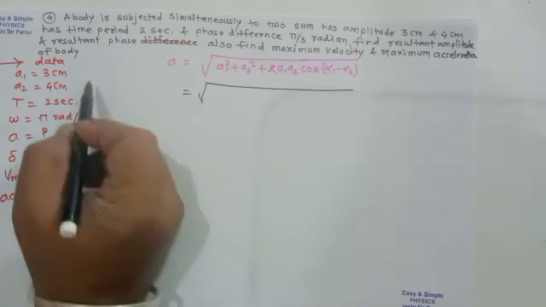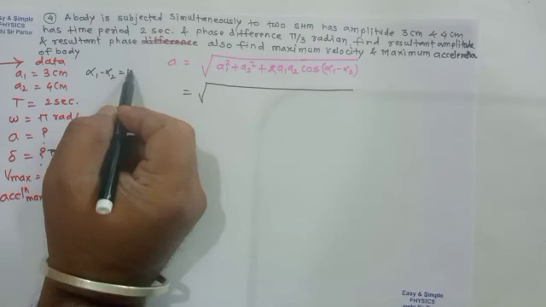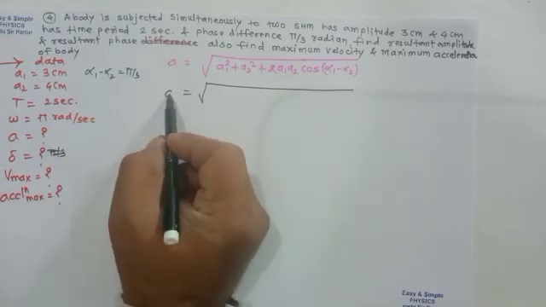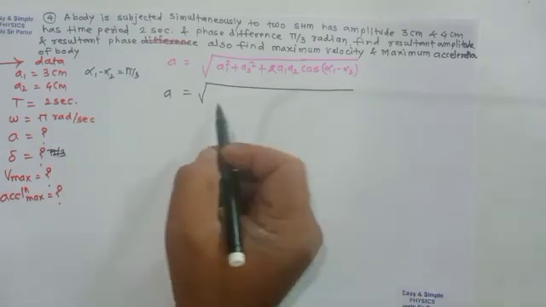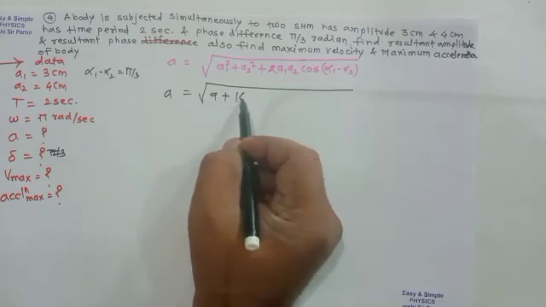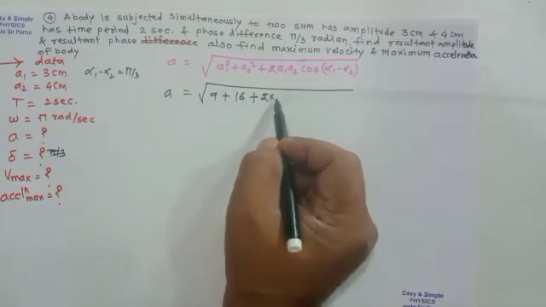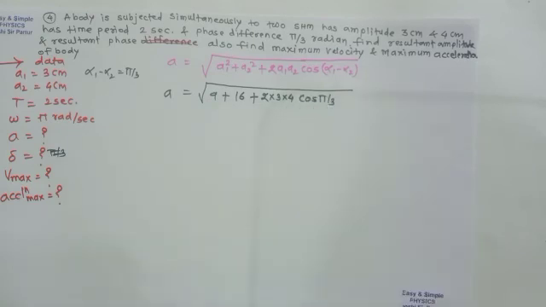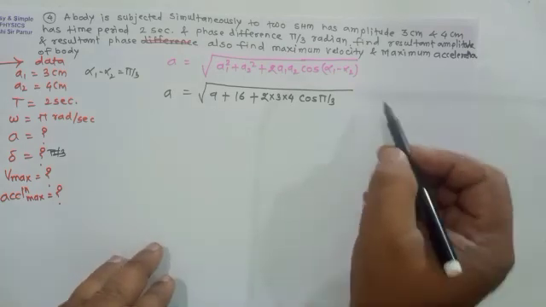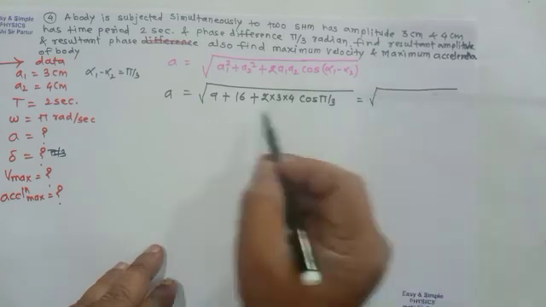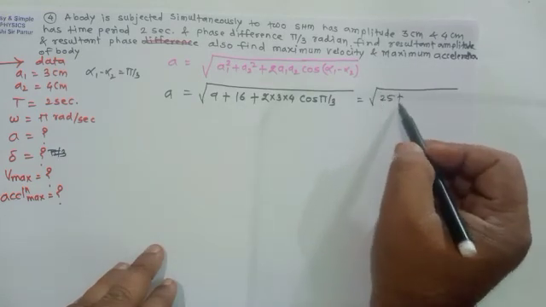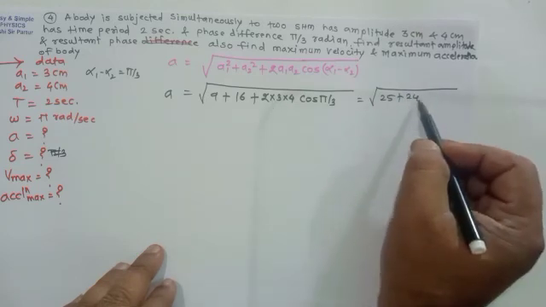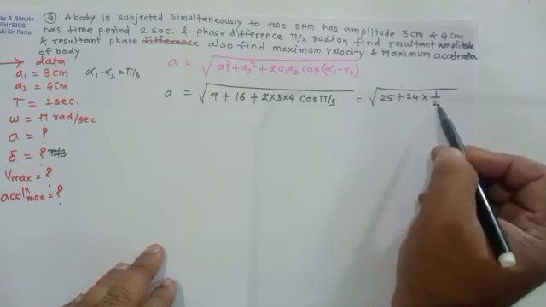Here alpha 1 minus alpha 2 equal to pi upon 3. So resultant amplitude A is equal to square root of 3 square the 9 plus 4 square the 16 plus 2 times 3 multiplied by 4 cos of pi by 3. We know the value of cos of pi by 3 is 1 upon 2. So it is square root of 25 plus 24 multiplied by 1 upon 2.